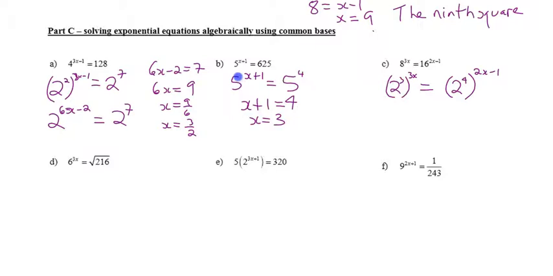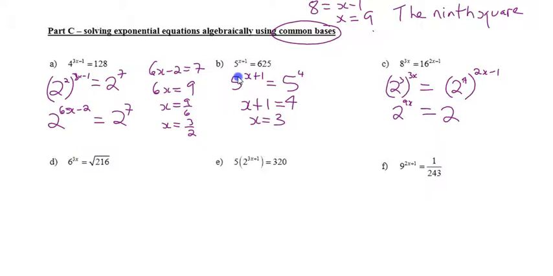Okay, so we're going to solve this using common bases. We need a common base. So 8 and 16, their common base is 2. Okay, what do we get over here? 9x, right? And what do we get over here?